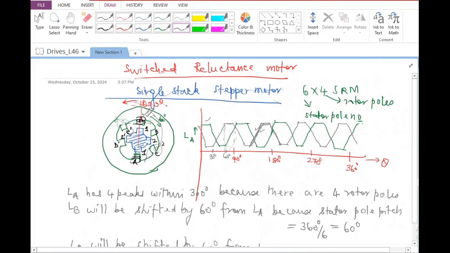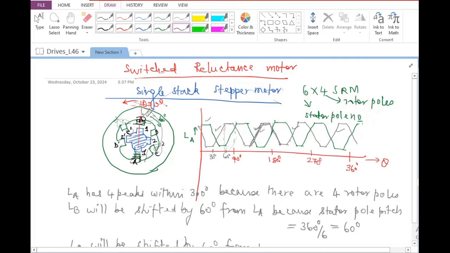So if I look at A phase, there are 4 conditions under which I will be able to energize the A phase winding such that positive torque will be developed. So I have to know exactly where the rotor position is before I energize either A phase winding or B phase winding or C phase winding.